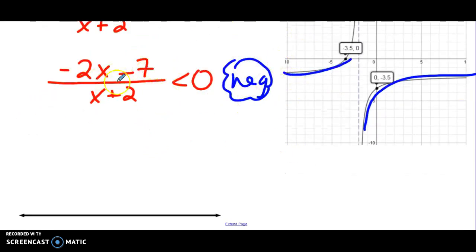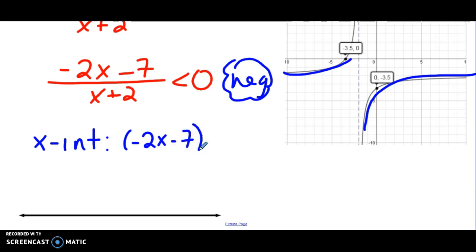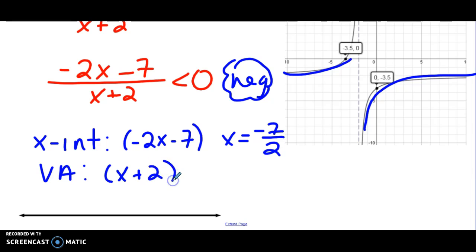So this is not factorable, so we're just going to go ahead and look at our fractions. So our x-intercepts come from the numerator. So we have a factor of negative 2x minus 7, which gives us a value of negative 7/2. And then we have a vertical asymptote with our denominator factor of x plus 2, which gives us x equals negative 2.